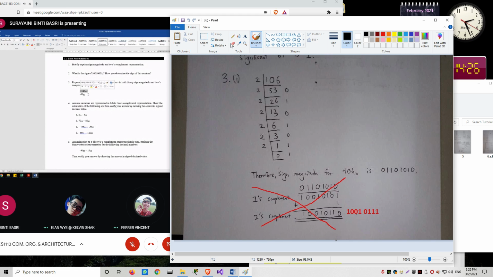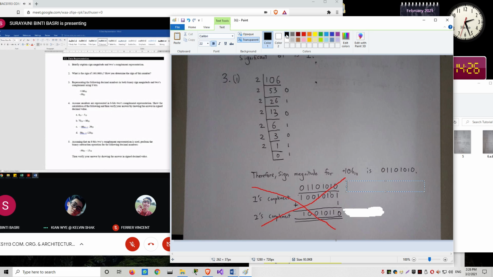I didn't do the 2's complement for the positive. Positive also needs 2's complement. I don't know what the positive 2's complement is.